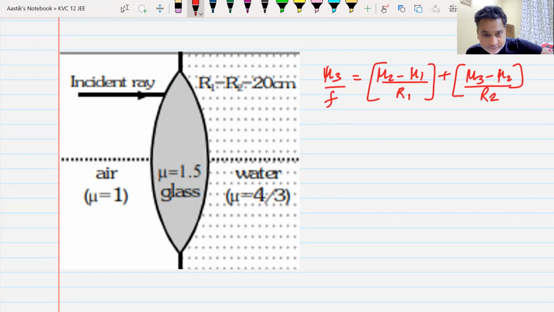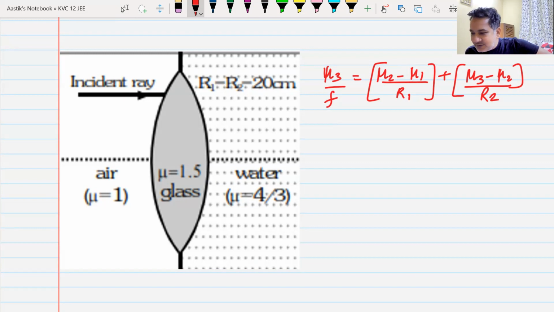Mu2 is 1.5 or 3 by 2. And mu1 is 1 now. What is the answer? Everyone calculating it? The previous answer was 30. Multiply 4 by 3 in that 30. That is the answer that you will get.